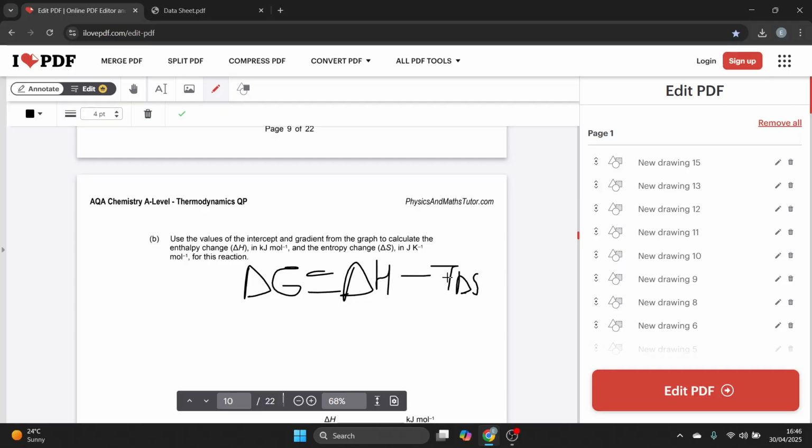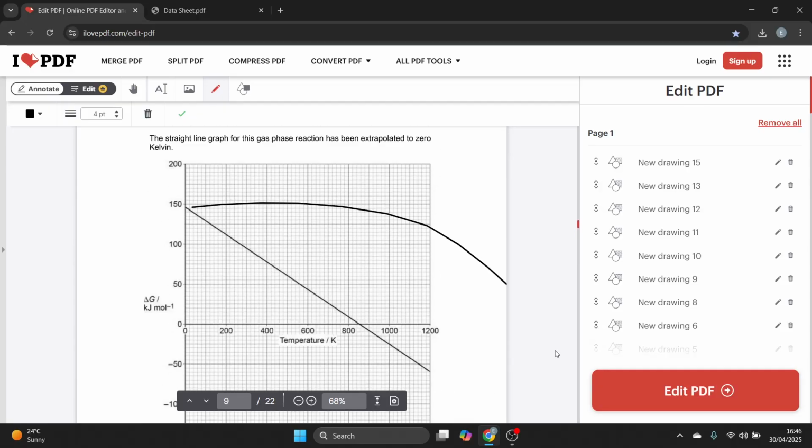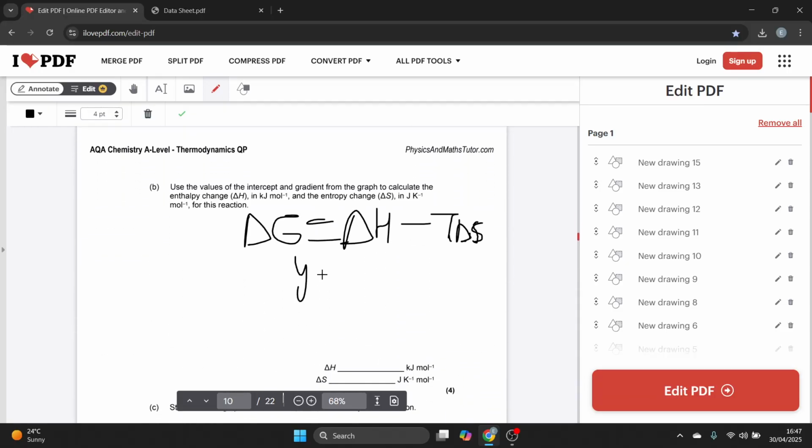And from GCSE maths, even if you don't do A-level maths, this is quite clearly a straight line. So I'm thinking y equals mx plus c. If I put them next to each other, mx plus c, that tells me y is delta G, c is delta H. The gradient is the entropy change, and x is the temperature.